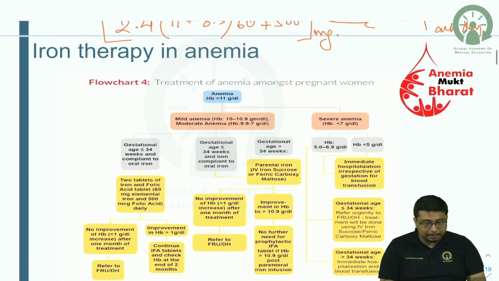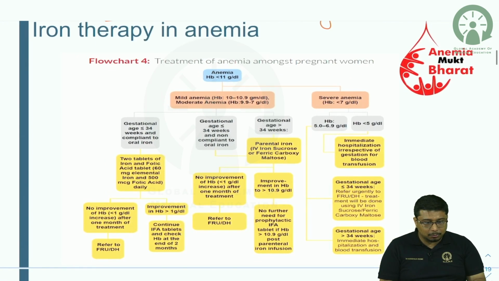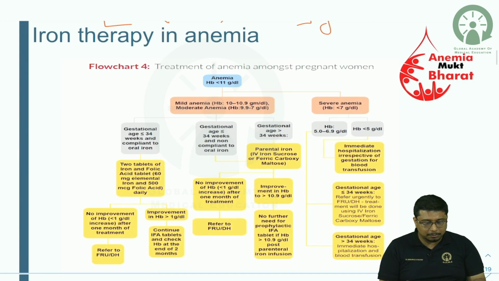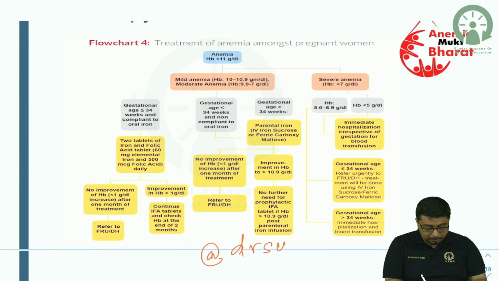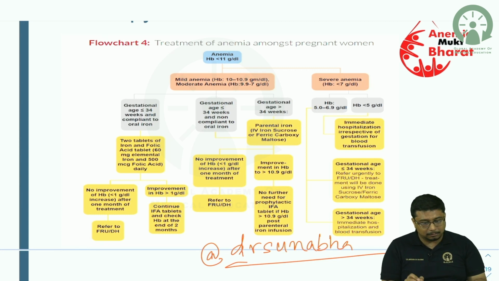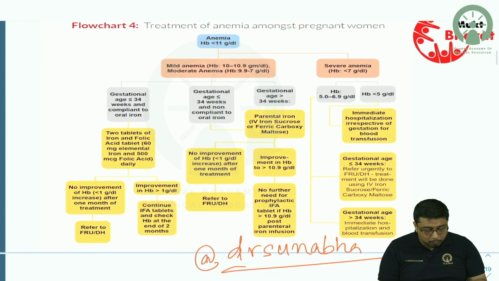So this is a very important table. This table, if you go to the GAMEPG app or my profile at Instagram, Dr. Sunabha, you will find this one chart pinned on the first comment. And this is a very important topic, when to do what.